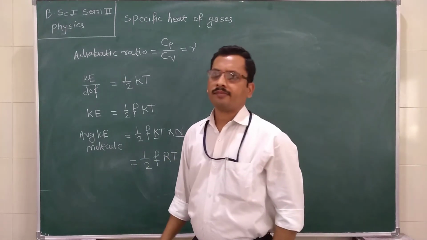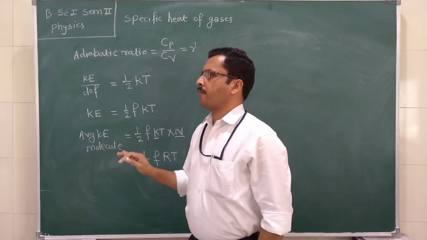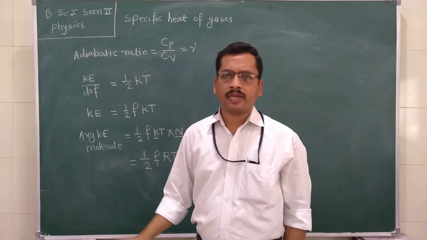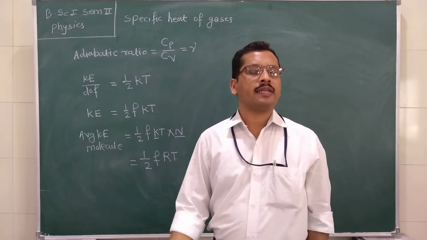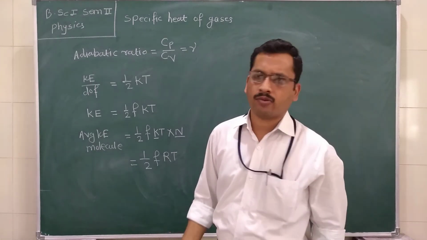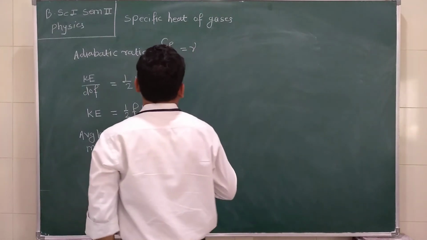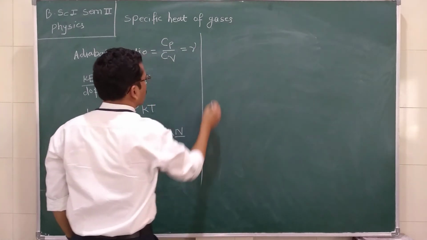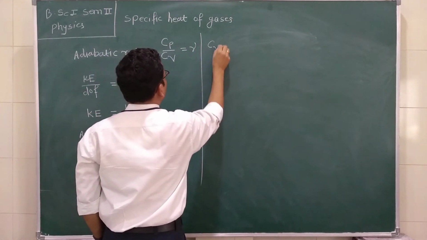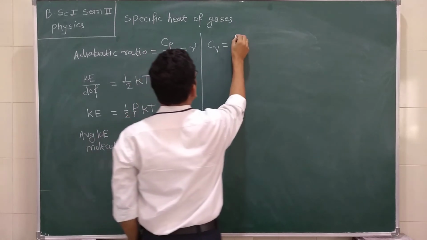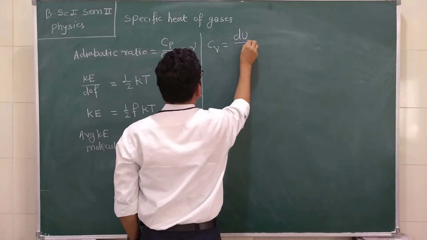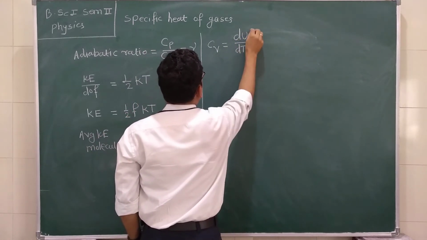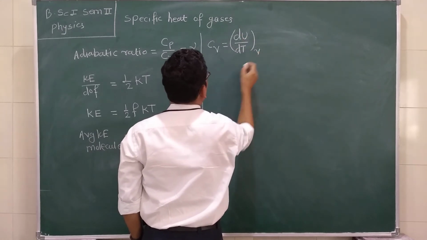Now we find out the specific heat at constant volume, and then the specific heat at constant pressure. So what is Cv equal to? Cv is du by dT at constant volume.